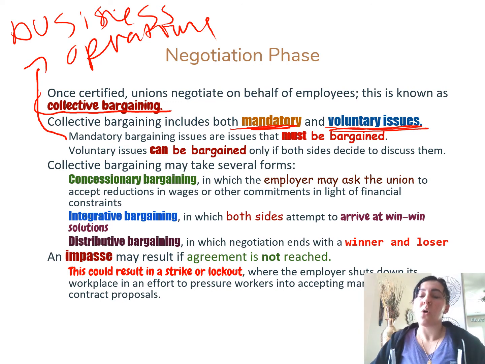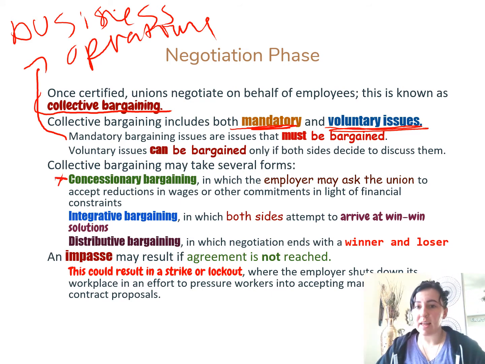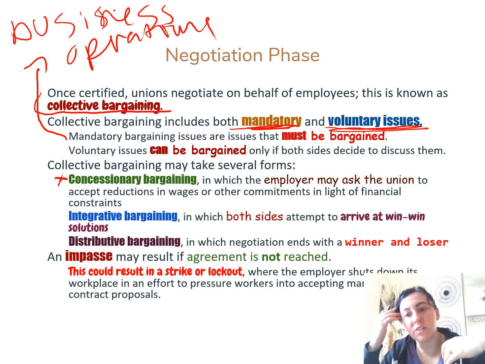Anyway, this whole collective bargaining thing can take on several forms. First of all, concessionary bargaining. This one is where the employer might ask the union to accept a reduction in their wages or salary because maybe there's some sort of financial crisis or financial constraints on the business.